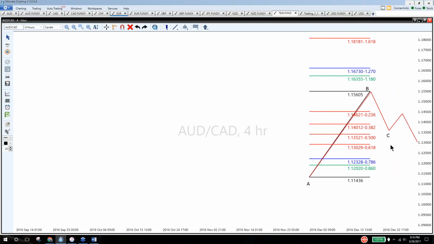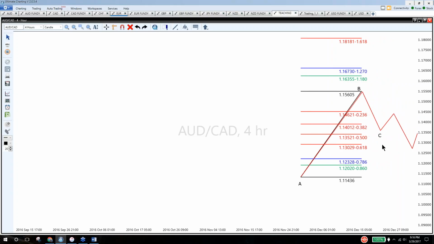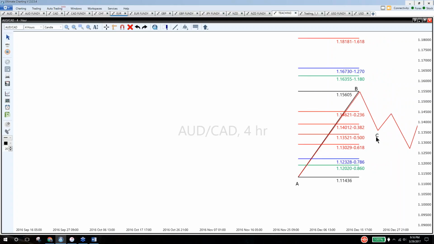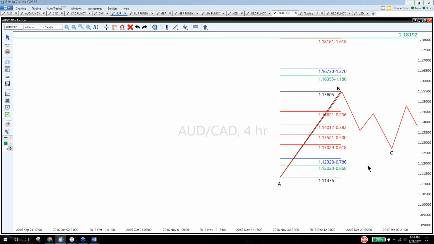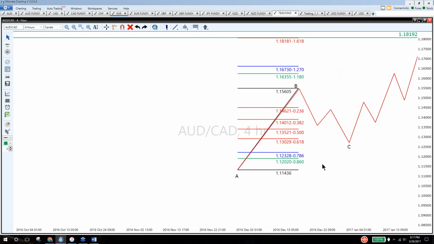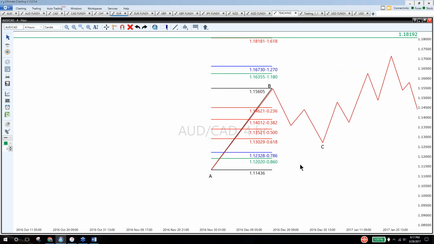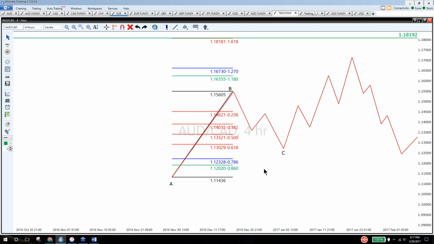As time progressed, the market went ahead and now has pulled back to a deeper area nearer to the A after the B, right? Which means this is my C. And every time I have a change in my C, I'm taking a look at the retracement level in relation to the Fibonacci so that I can project the D extension. Then the market started to extend in the direction of the trend, making higher highs, found resistance, and started to come back down again.